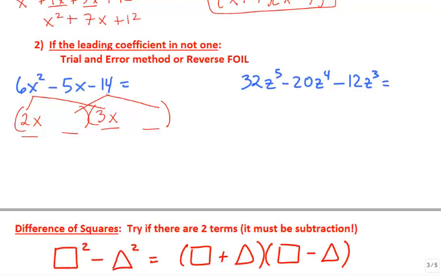Now you can get 14 with a 2 times a 7, but order matters here because we're going to get different middle terms based on where I position the 2 and the 7. So not only do I have to consider putting the 2 here and the 7 here, but I also could possibly get a different answer if I put the 7 first and then the 2.